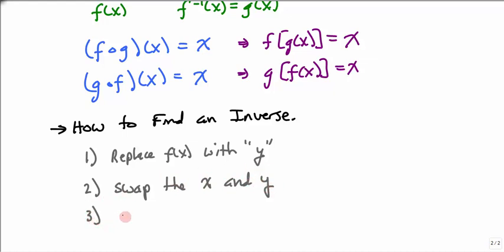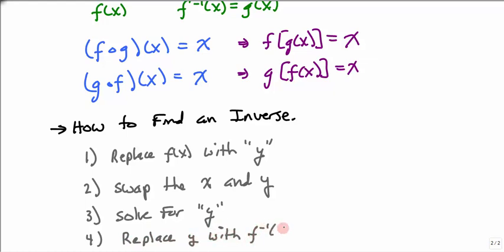The third step is we now solve for the new value of y from the swapped values. And the fourth step, the final step, is we replace y, our value of y, with f inverse notation, because that indicates that an inverse has been found.